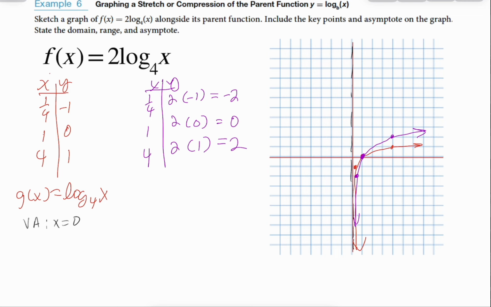The vertical asymptote is still at 0. The domain is going to go from 0 to infinity. The range is still all real numbers, because we didn't change anything on the x. The x still says an x.